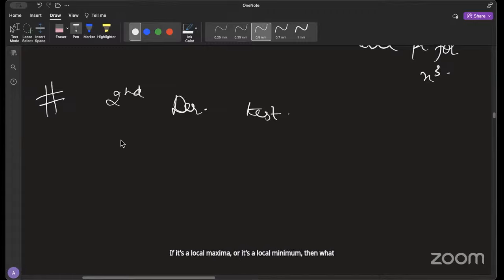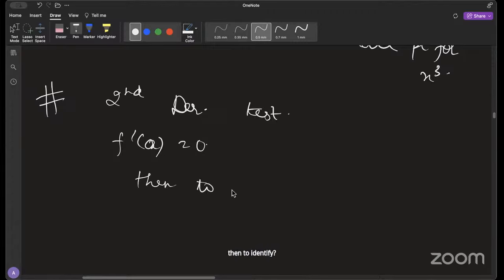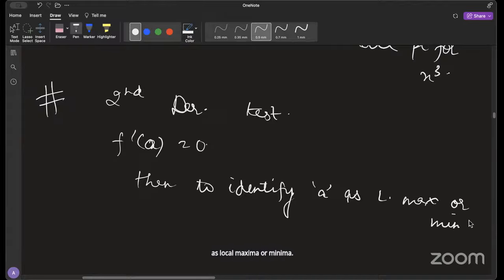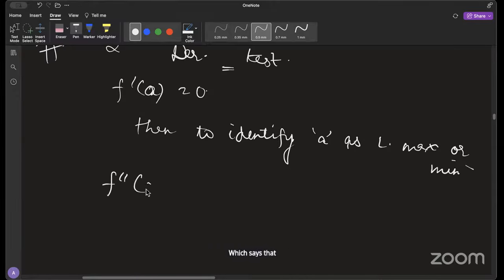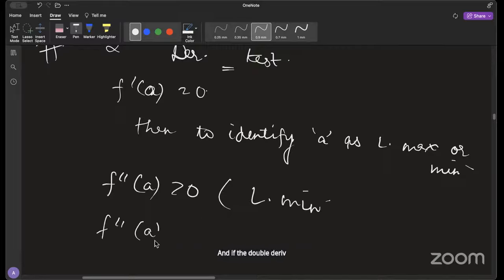If your f dash a is 0, then to identify it as local maxima or minima, we have this second derivative test, which says that if the double derivative at a is greater than 0, it's local minima. And if the double derivative at a is less than 0, then it's local maxima.